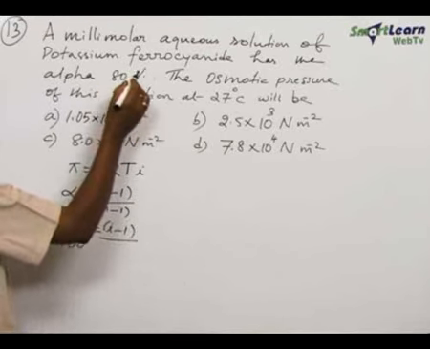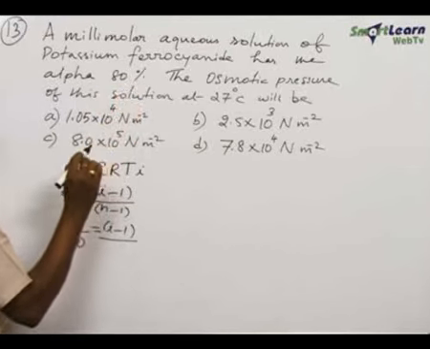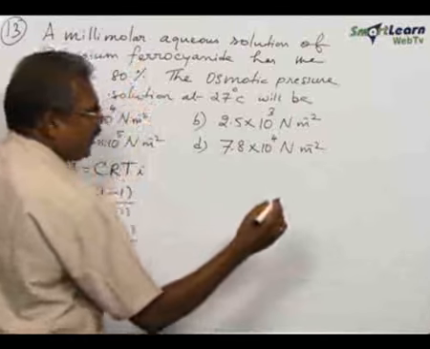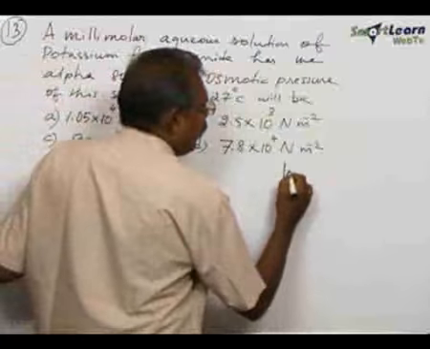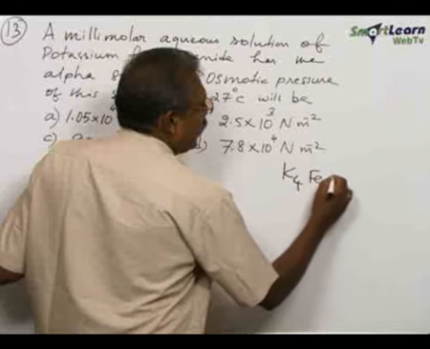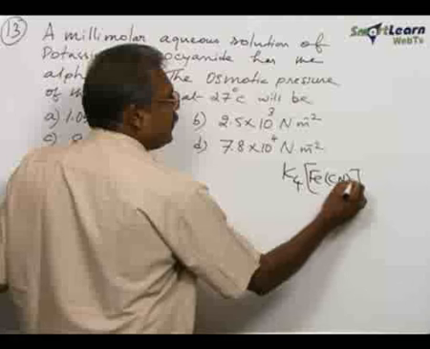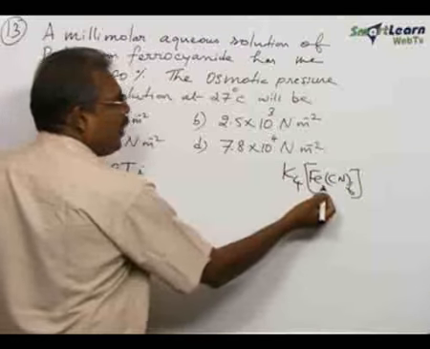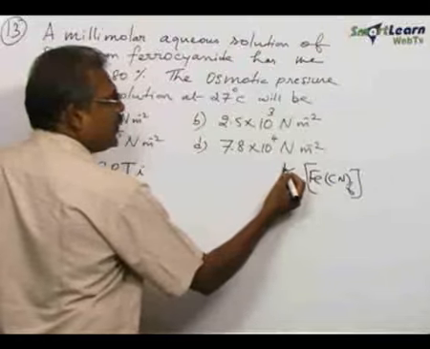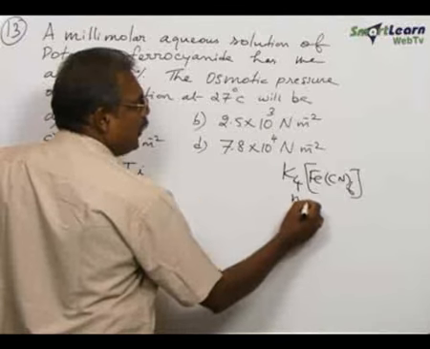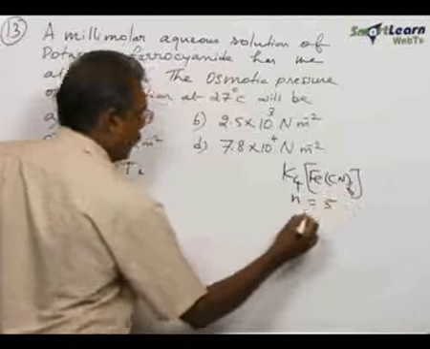Potassium ferrocyanide dissociates into 4 potassium ions and 1 complex ion, because the formula is K4[Fe(CN)6], and this is the complex ion. [Fe(CN)6] is a complex ion. So when this molecule dissociates, 4 potassium ions and 1 complex ion will be formed. Therefore n value is equal to 5 here.